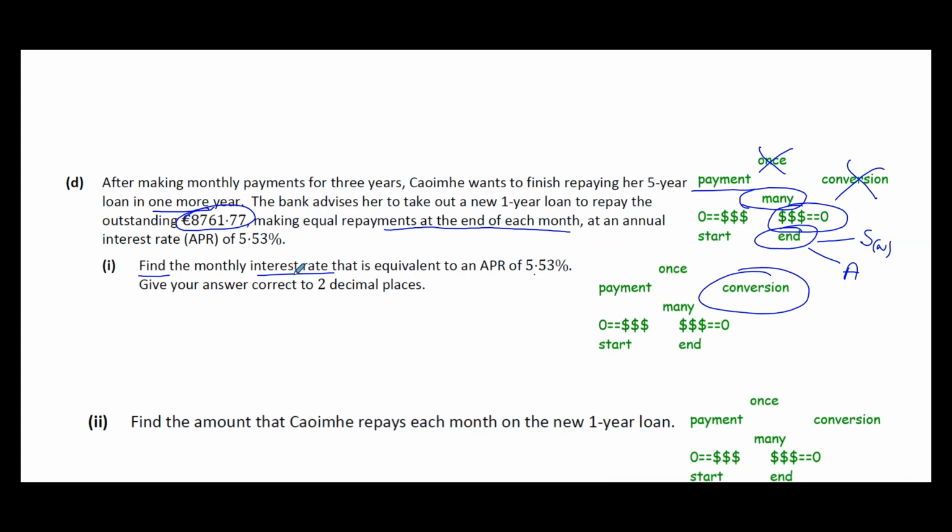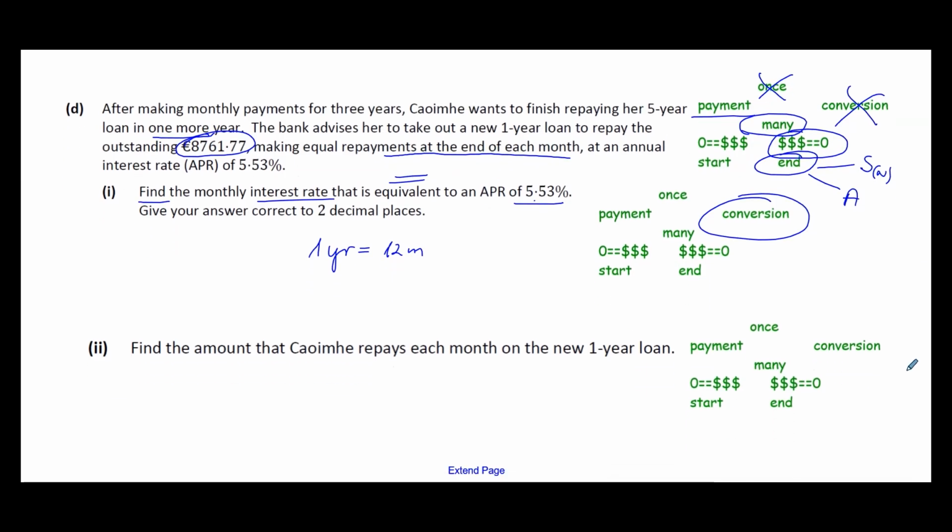So we are looking for monthly, that is equivalent, meaning equal yearly. So we are saying again, 1 year is equal to 12 months. And then the next part, find the amount of money that she repays each month on the first-year loan.